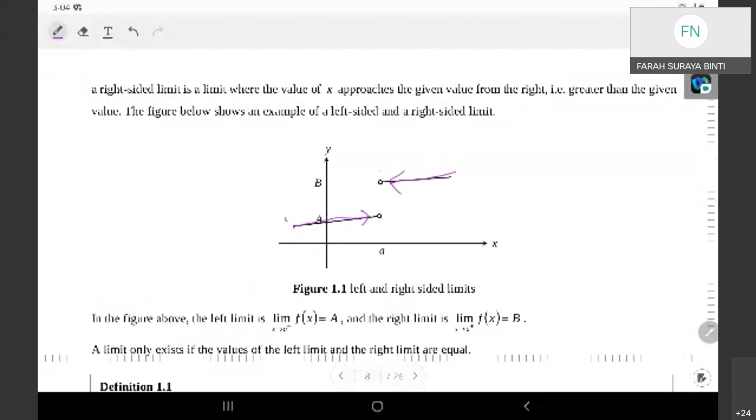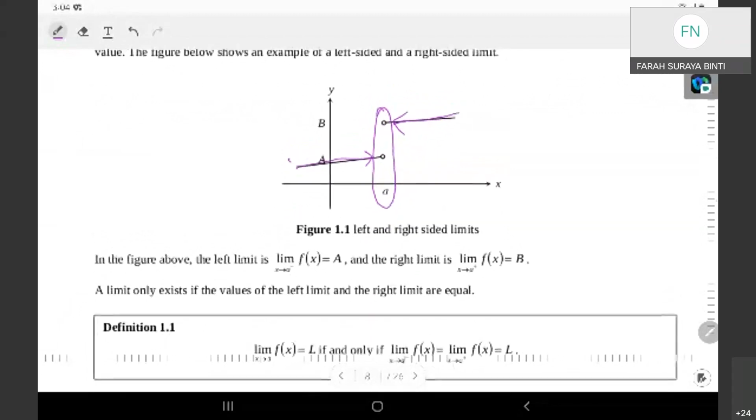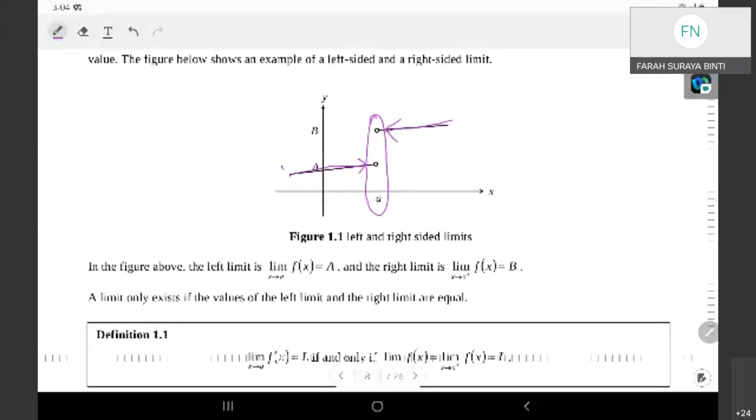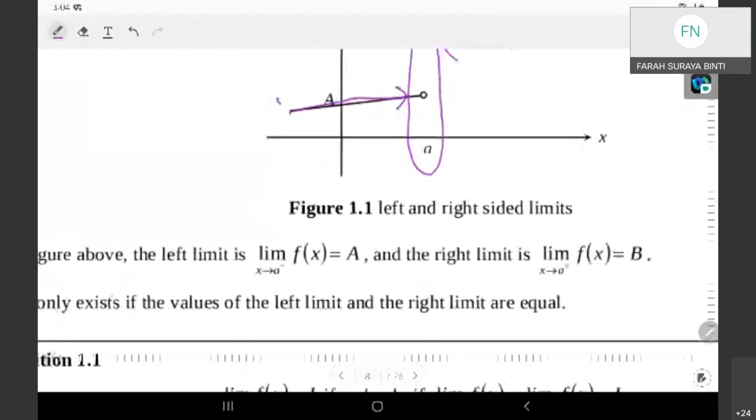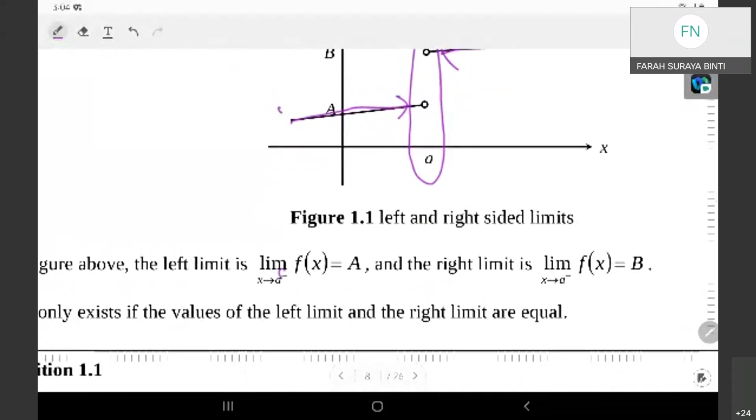Okay, so dekat sini, function tu undefined. Okay, kita hanya boleh cari dia punya limit sahaja. Okay, so from this figure, the left limit, cara nak tulis left limit macam ni. Boleh nampak ada negatif kat sini. Right limit ada positif.